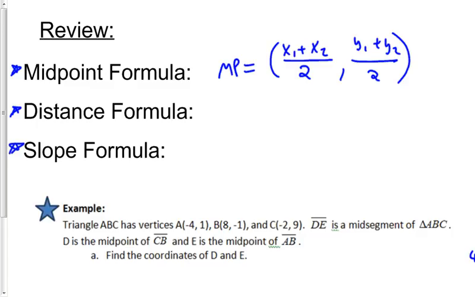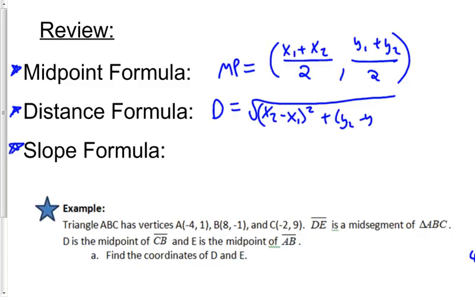Distance formula, so d is going to be equal to the square root of x2 minus x1 squared plus y2 minus y1 squared. And then finally the slope formula, that's our m, is equal to y2 minus y1 over x2 minus x1.